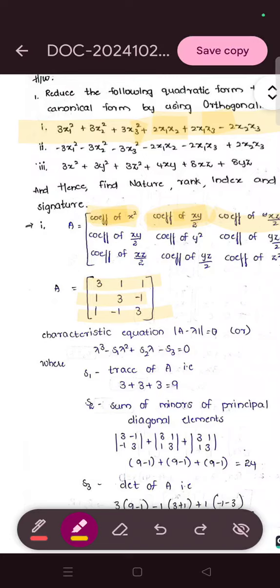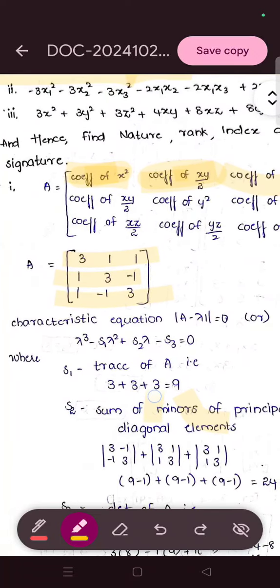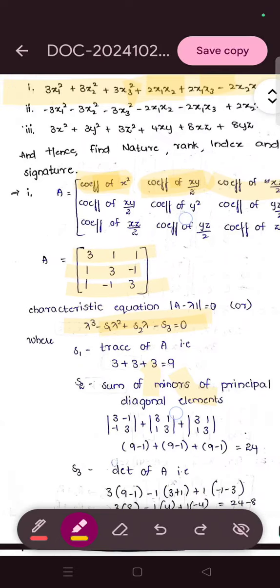So these normalized vectors are formed by the eigenvectors. For that we need to find the eigenvectors, and eigenvectors come from the eigenvalues. The eigenvalues come from the characteristic equation. If the matrix order is 3 by 3, then the characteristic equation is lambda cube minus s1 lambda square plus s2 lambda minus s3 equals 0.